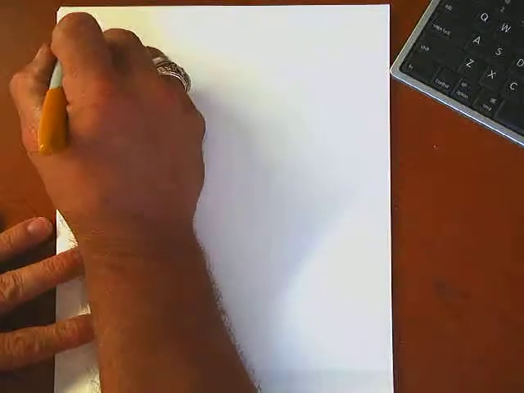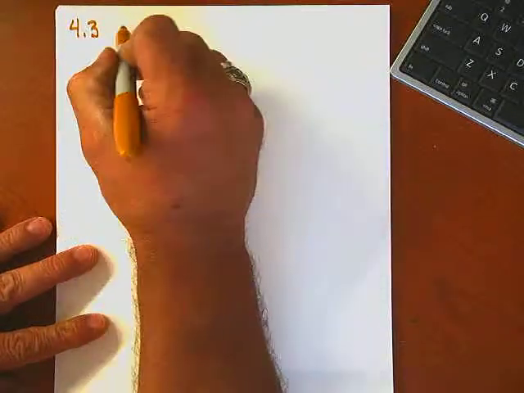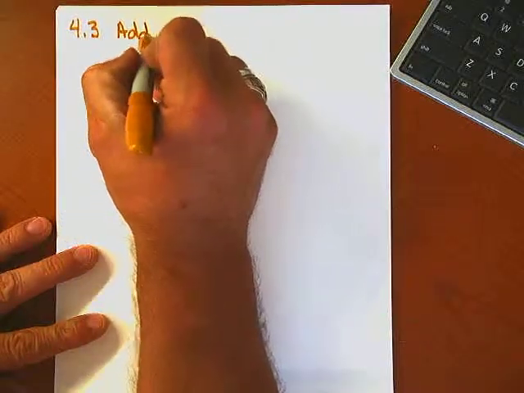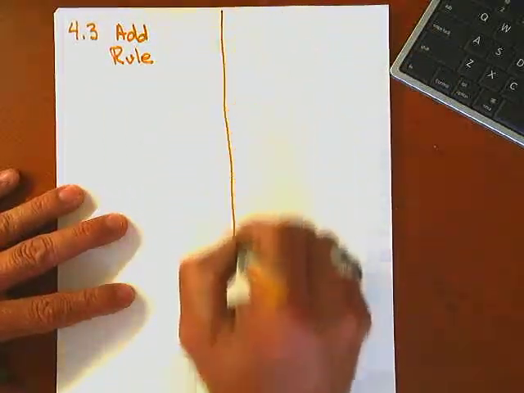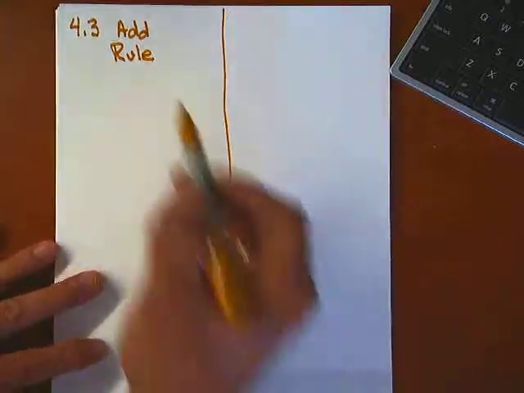Okay, in this video, I'm going to cover two sections because I'm going to compare them, and that is 4.3 and 4.4. Now, before I start doing problems, I just want to explain what 4.3 and 4.4 are. 4.3 is the additive rule, or the additive property, or whatever you want to call it.